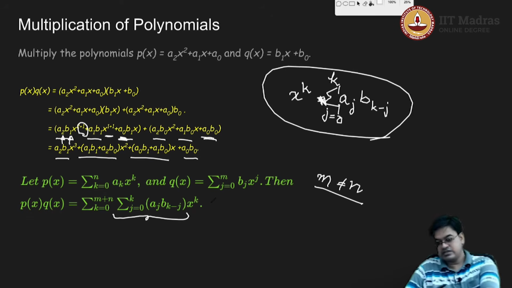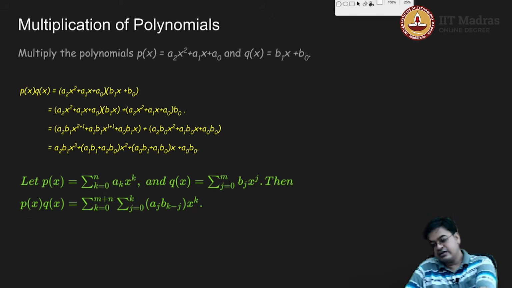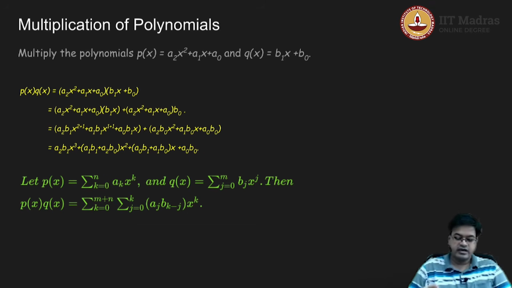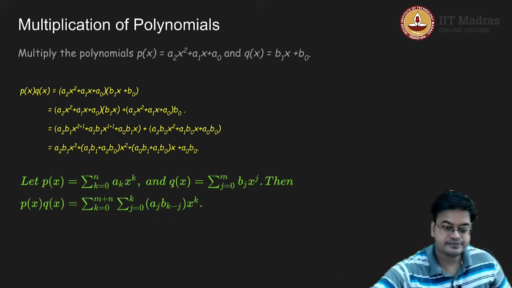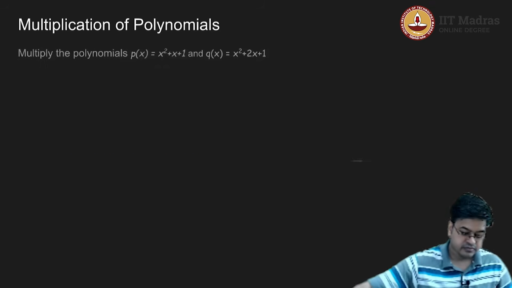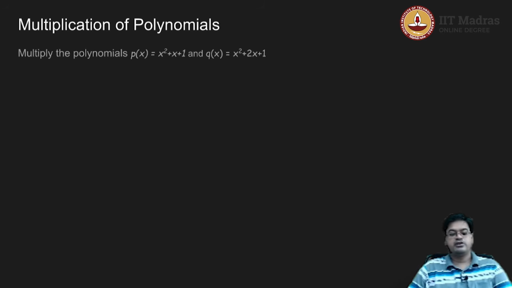Now let us demonstrate this idea with one example. Let us go ahead and see one example of this idea. So now you have been given two quadratic polynomials, and you are asked to compute the multiplication of these two polynomials. One way is very simple.